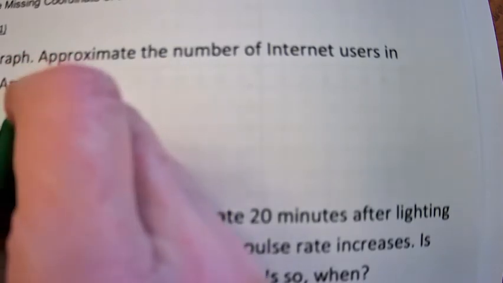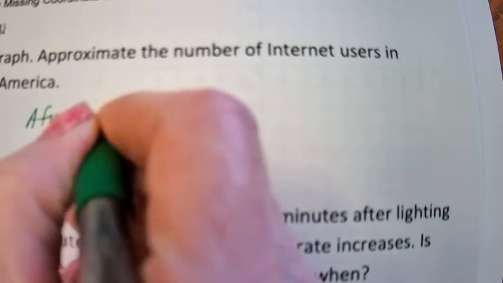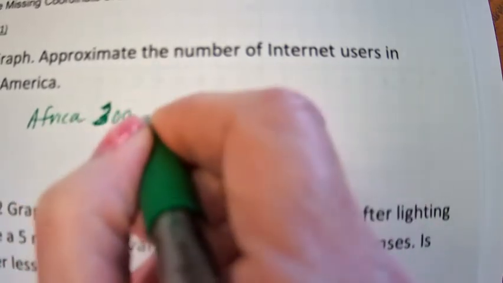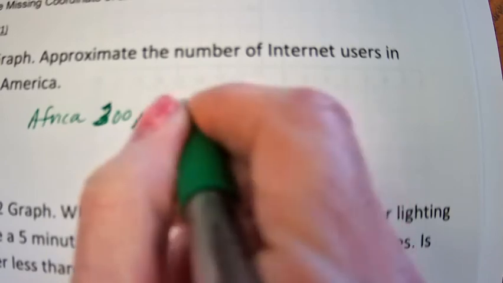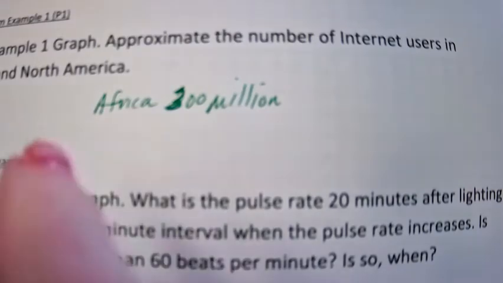So we would say that in Africa, and these are just estimates, right between 200 and 400 million would be 300 million internet users. How about North America? As we look at our graph, we're going to find North America, which is right here. And it looks like it's just a shade more than in Africa. So if we think Africa is 300 million, maybe North America would be 310 million.